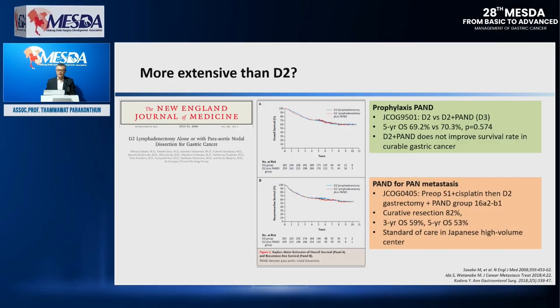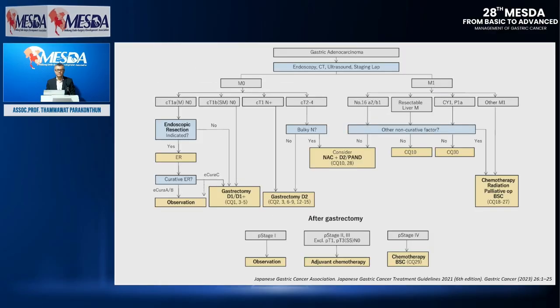But some studies demonstrate a survival benefit after neoadjuvant S-1 and cisplatin. But this is recommended only for very selected patients in a high volume center. I hope you are familiar with these guidelines.